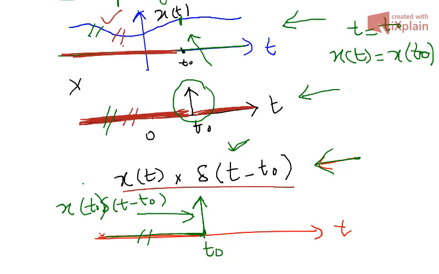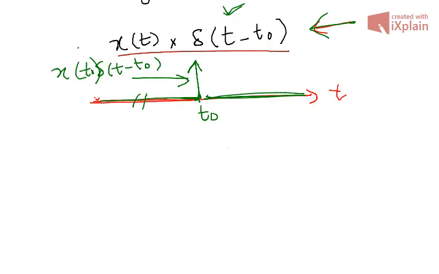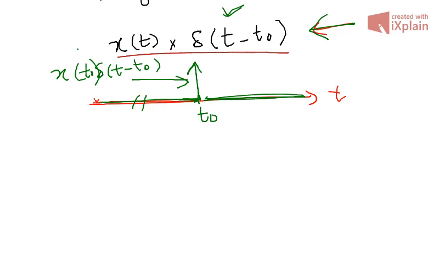So you have a single value, x of t naught, delta of t minus t naught. Now after t naught, again if you multiply x of t with a 0, you would get a 0. So here in this range also you would get a 0. So basically you get the sample of x of t after this multiplication.